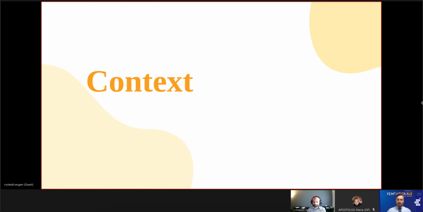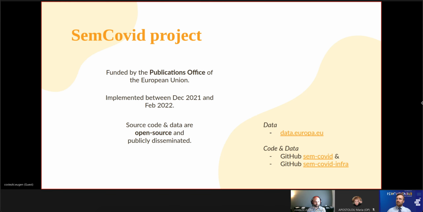So the context for the Euro COVID dataset is as follows. It's the SEM-COVID project organized by the Publications Office, which is implemented between December last year and will be finished in February next year.